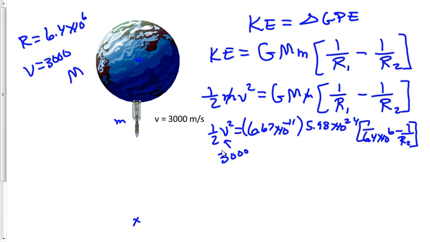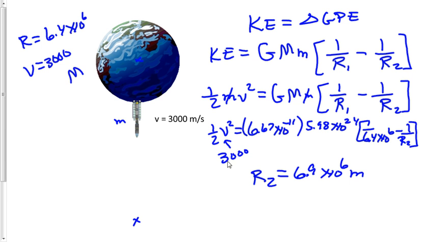Then we just have one unknown, which is R2. You'll need to be careful when solving for R2 because there's a lot of algebra that you would use to find it. Solving for R2, it's 6.9 times 10 to the 6 meters.